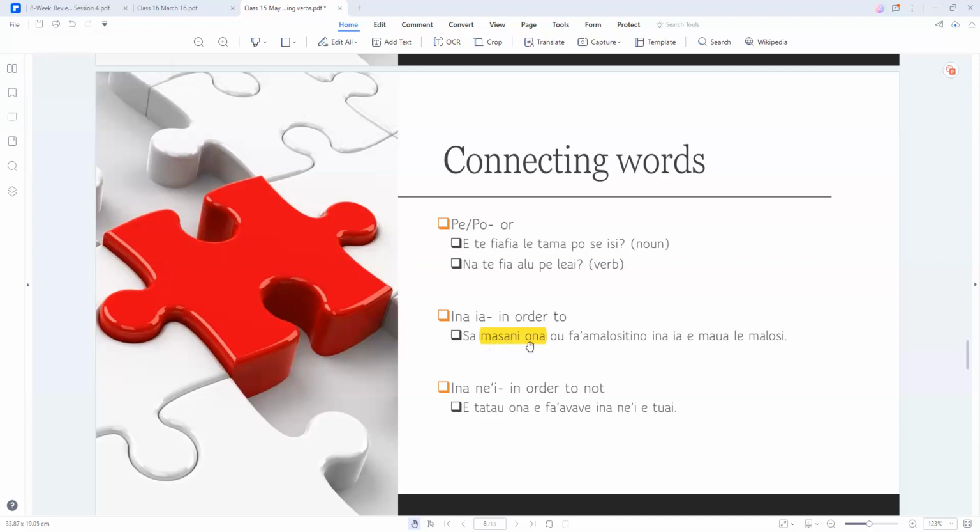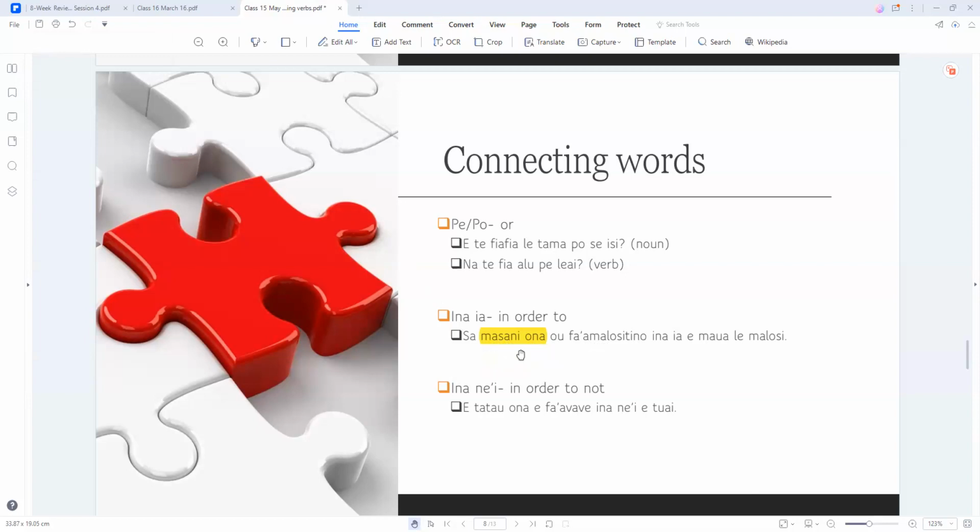Yes, so masani is the helper for fa malositino, the helping verb for the main verb. Masani means usually, often, or more so like usually.